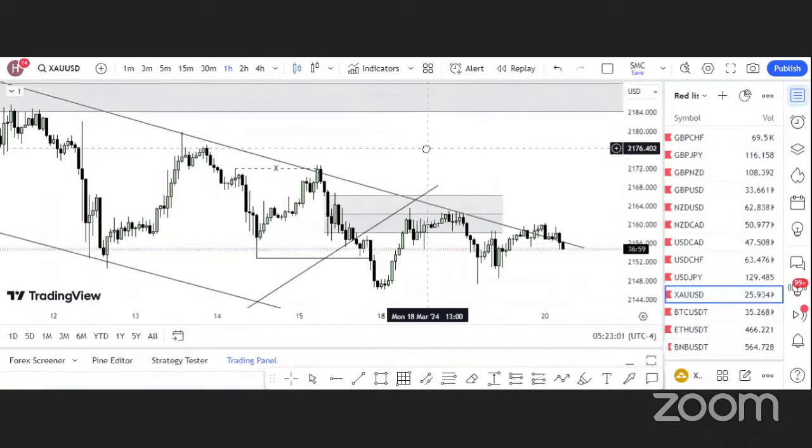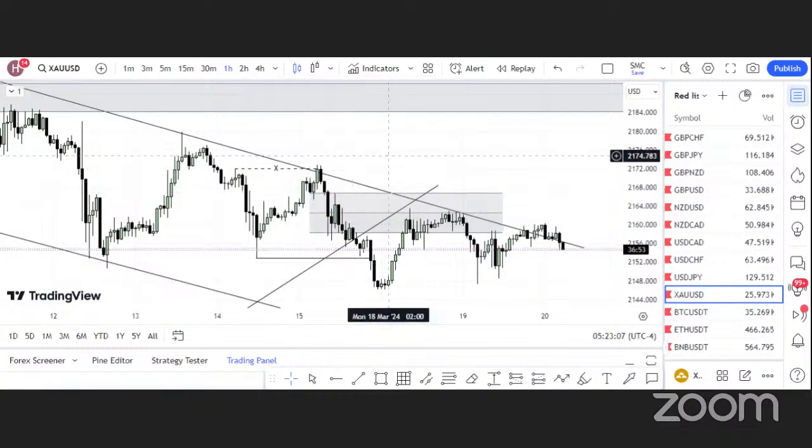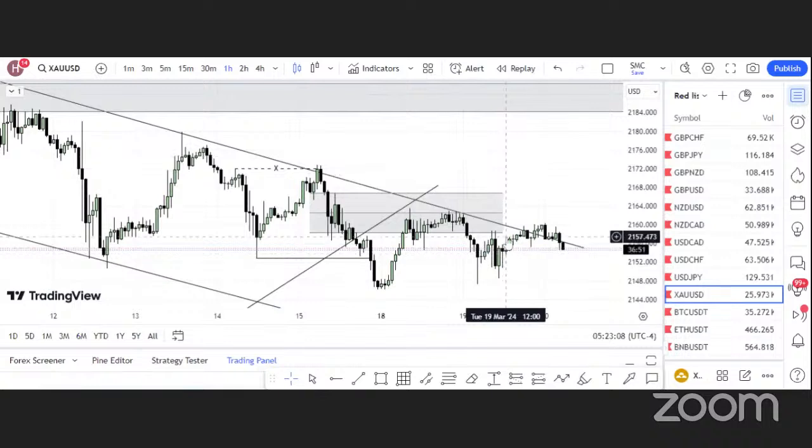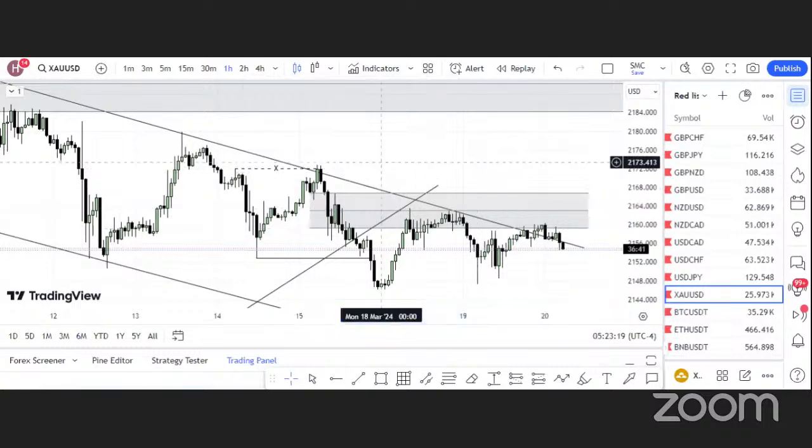So I made an analysis on gold yesterday and it was very profitable. Yeah, we made profit. So you see, this is why you need to be part of my premium members, so you can get this analysis back to back.